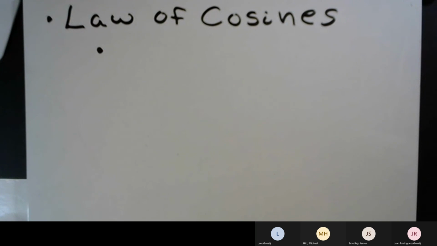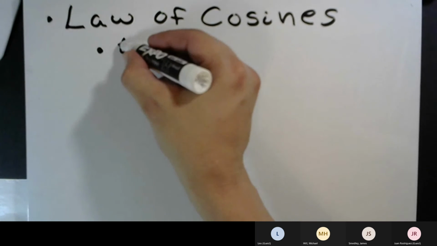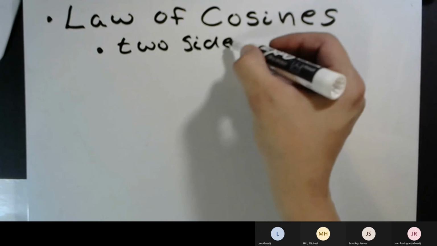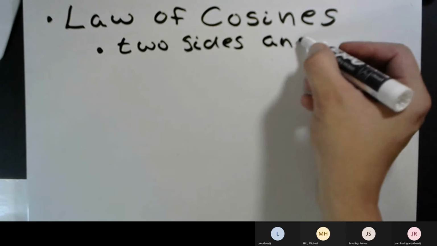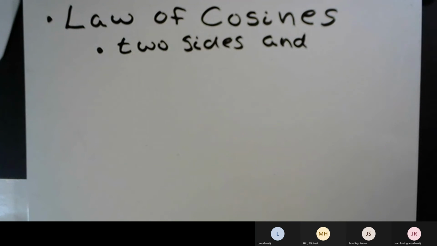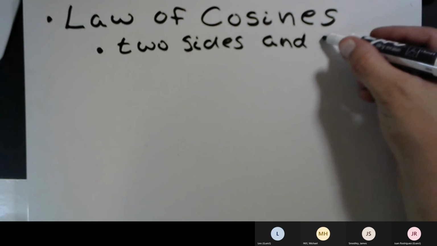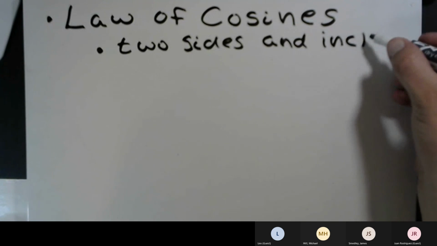Now, you use this case when you have 2 sides, and with law of sines, we had an opposite angle. With this one, we have 2 sides and included.